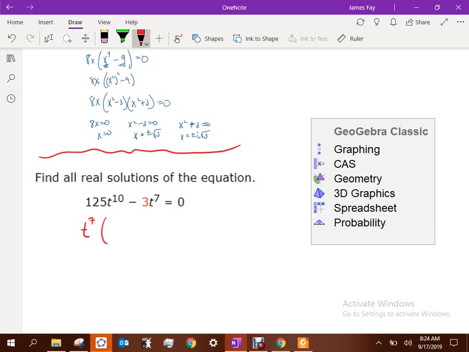And that's going to leave us then, remember, factoring is just division. So if I divide each of these by t to the 7th, I'd be left with 125 t cubed minus then 3, right? Equals 0.